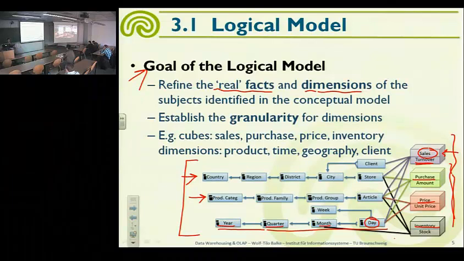The problem is when you don't have the finer granularity. So if you don't have the day and you don't save it in the data warehouse from the beginning, you lose this data forever. So you always have to make sure that when you design the logical model and you establish the granularity, that you choose the granularities that you will need.